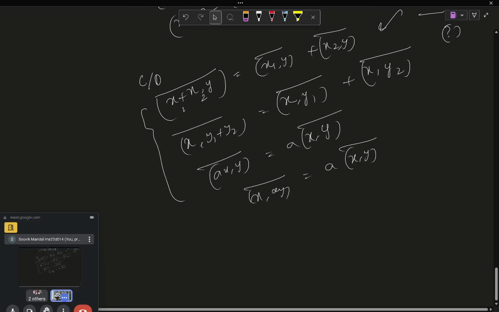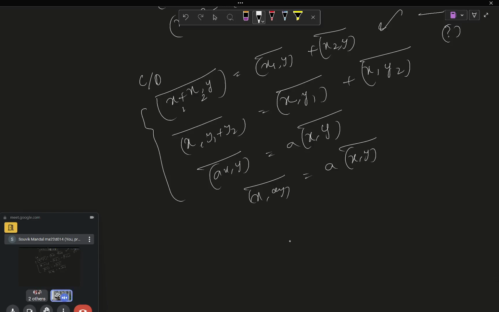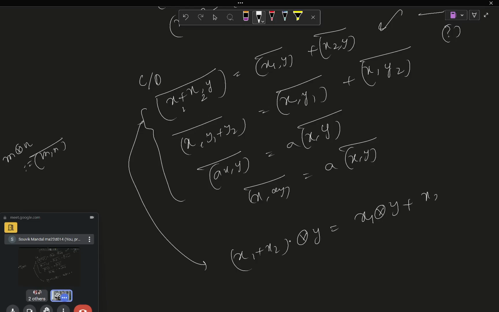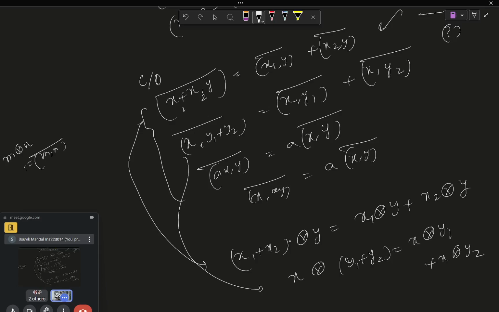So now we have the following notation, that small n is nothing but the bar of (m, n). Using that notation, we get that (x1 plus x2) tensor y is x1 tensor y plus x2 tensor y. Second, x tensor (y1 plus y2) is x tensor y1 plus x tensor y2.